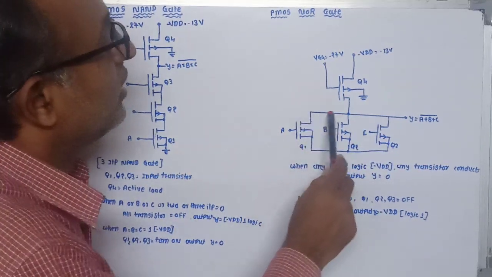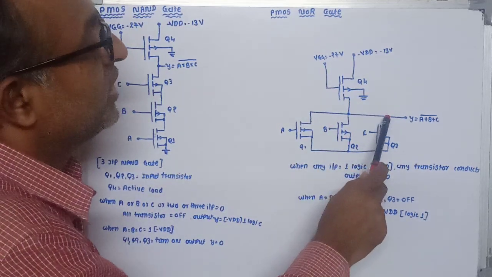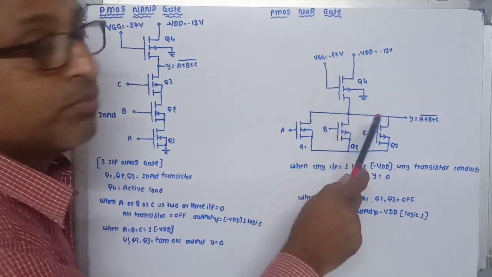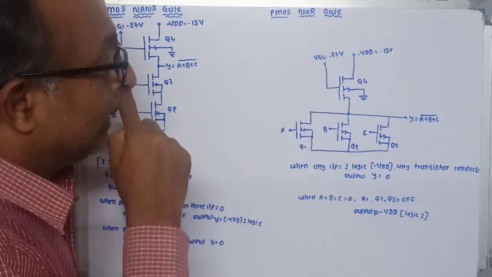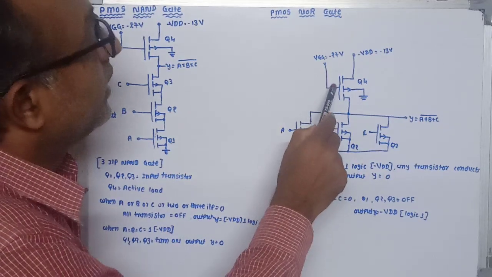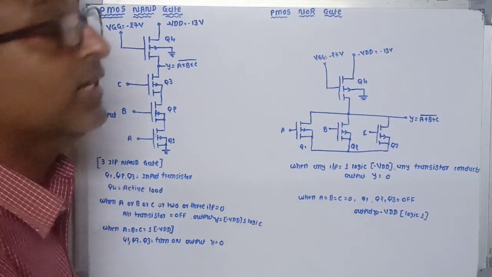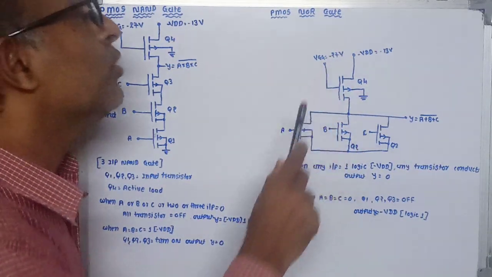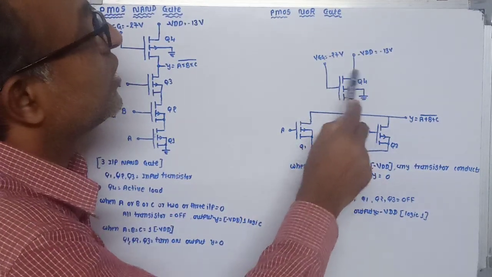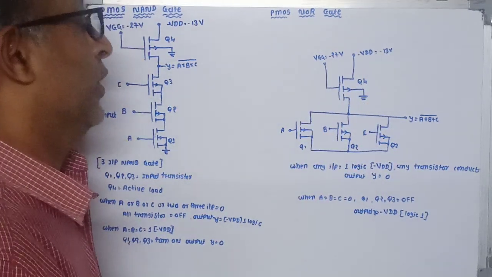That means all these drain terminals are short circuited and output is taken from this common terminal. Now this MOSFET Q4 acts as an active load. The gate terminal of Q4 is connected to minus 27 volt, and the drain terminal of this active load transistor is connected to minus 13 volt.